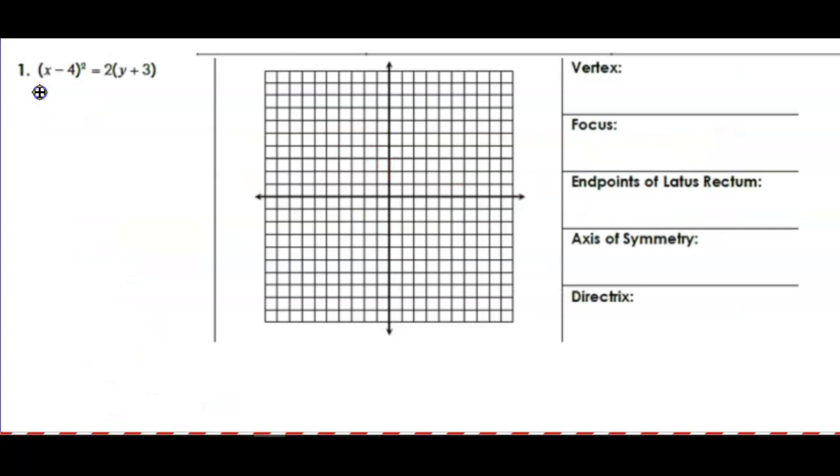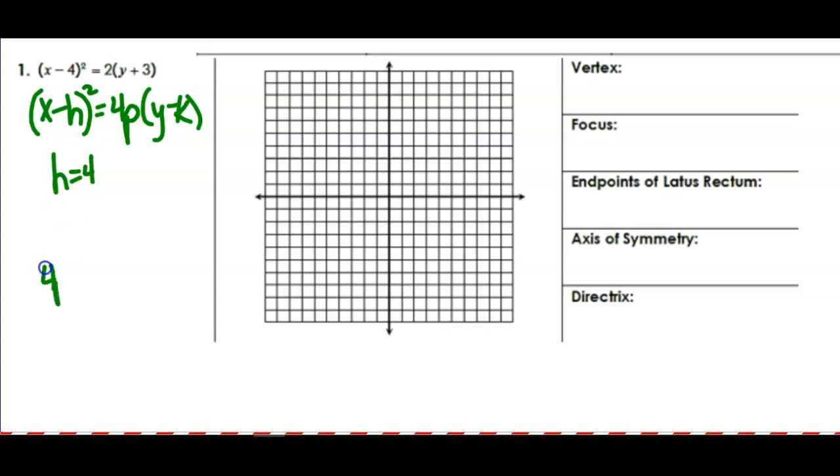So it will help a lot if you just write the general form underneath: x minus h squared equals 4p times y minus k. I chose that one because the x is squared, so I knew which one I needed to write here. All right, so according to this, h is 4, 4p is 2, and k is negative 3.